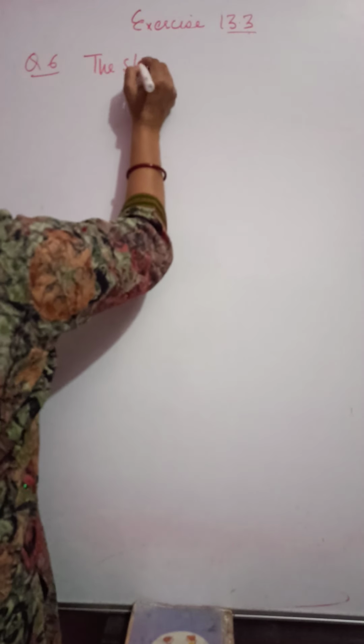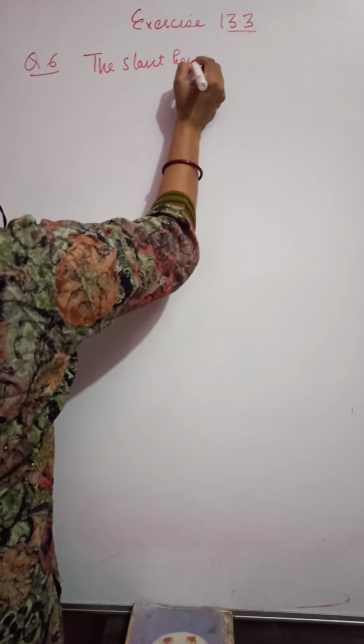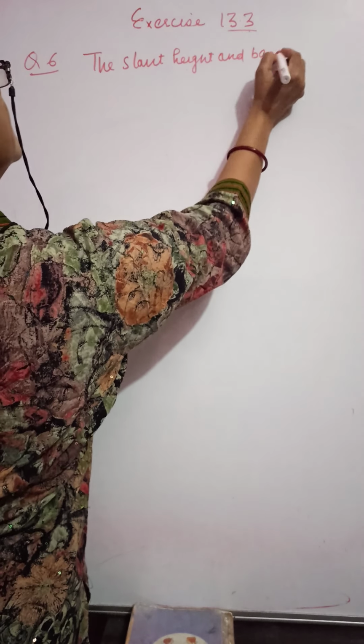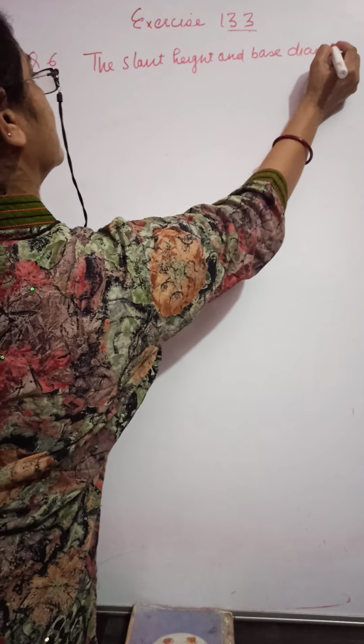Now, let's start with question number 6 of exercise 13.3. This is the slant height and base diameter of a conical tomb. We have a conical tomb.